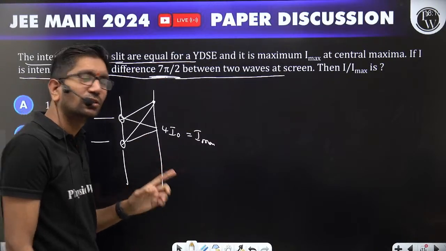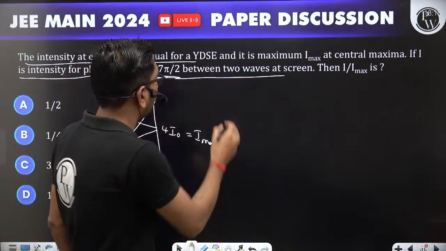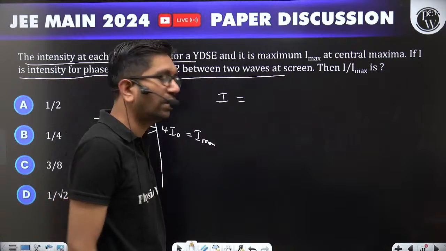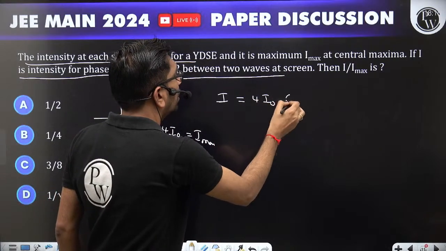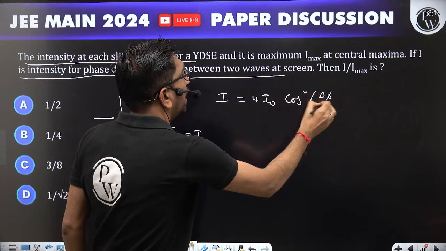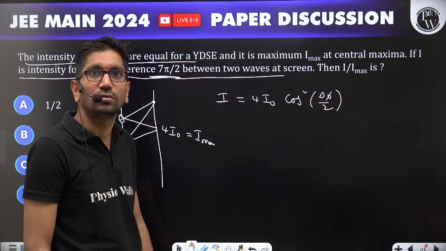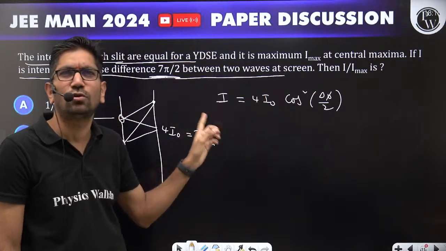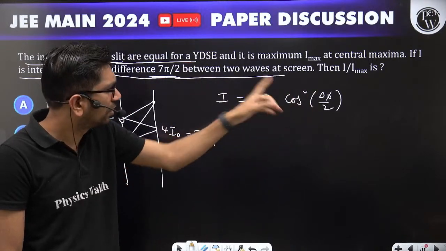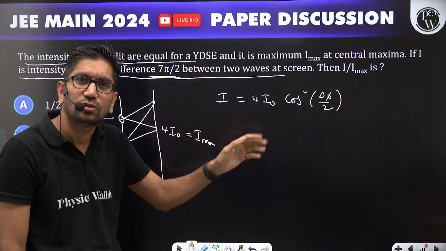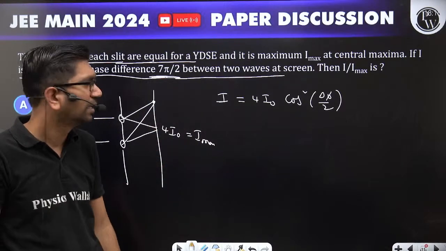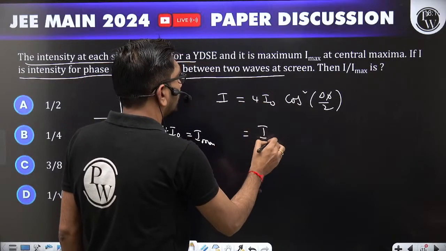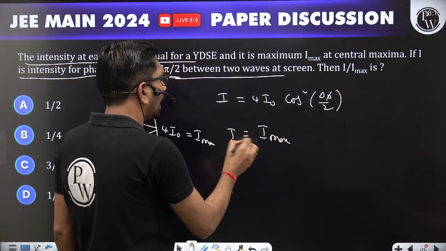When the intensities are the same, the net intensity we get is 4 I naught cos square delta by 2. You have learned this formula many times. The same question you got here again. For the 4 I naught, you can write I max, so this is I.